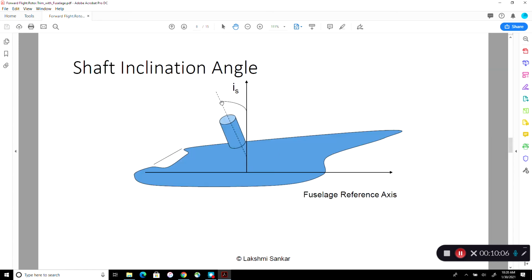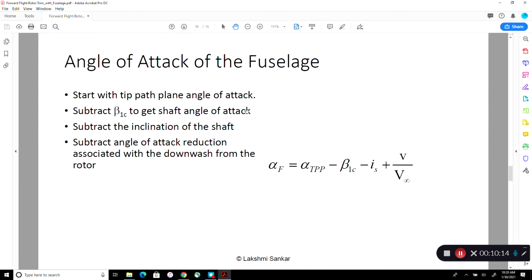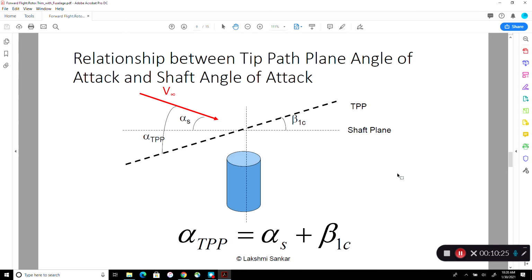But remember, you have this IS, so we don't need to tilt the shaft forward so much because it's already tilted forward by the amount IS. So we subtract off that IS. And then this is the correction into the alpha tip path plane because of the downwash. Remember, the downwash is coming down this way, normal to the rotor disc.